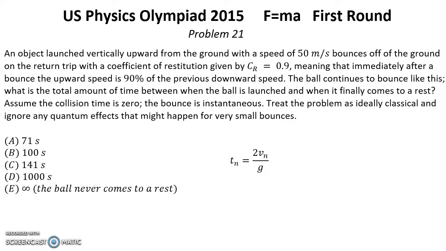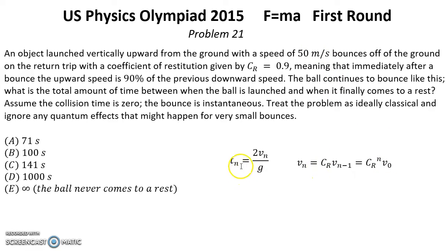But each time we have a bounce, we have V_n equal CR multiplied by the previous speed. And that's equal to CR to the power n multiplied by V0, the initial speed of 50 meters per second.